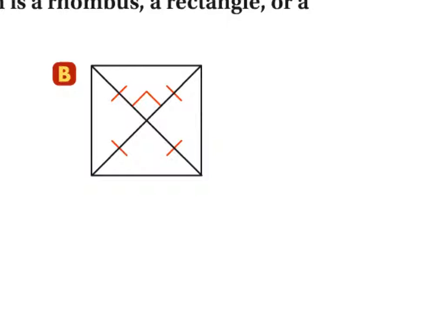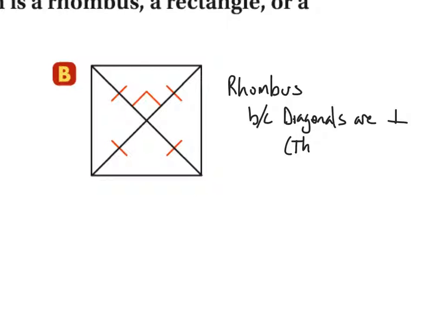I agree with that. Well, that's a feature of what? A rhombus. Okay. So we know that this is a rhombus, and that is because the diagonals are perpendicular, which is theorem 6-16.